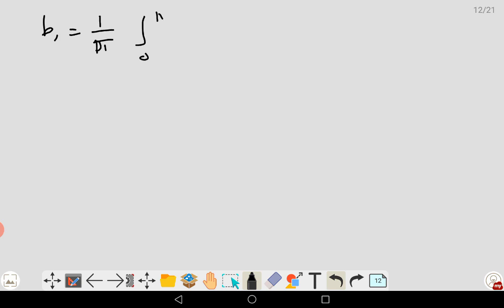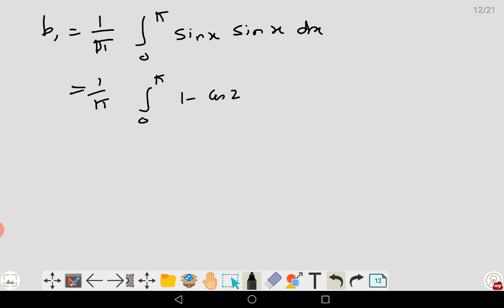The formula for b1 will be 1 over pi integral from 0 to pi, f of x is sin x and sin n pi x over pi with n equal to 1, so sin x dx. It will be 1 over pi integral 0 to pi of sin square x, which can be written as 1 minus cosine 2x over 2 dx.